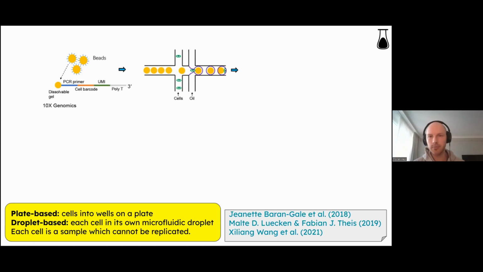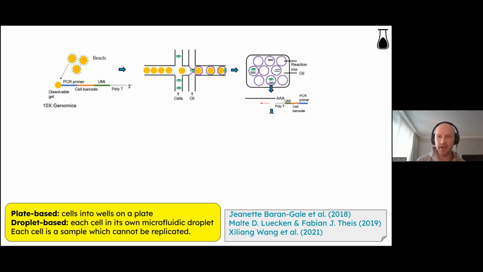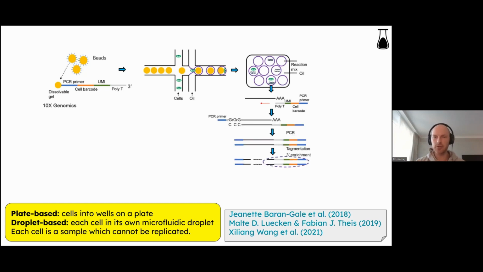And in this oil emulsion, you have now an environment where you then lyse your cell, and then the RNAs from your cell will be captured by the bead. You therefore introduce your primers, your barcodes, and in this mixture you also have all the reagents which are necessary to perform the PCR amplification, as well as later on the reagents for the sequencing. So that's basically the droplet-based methods.